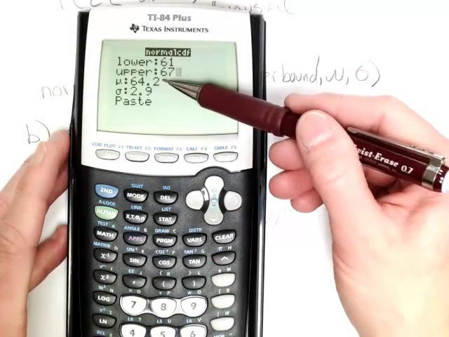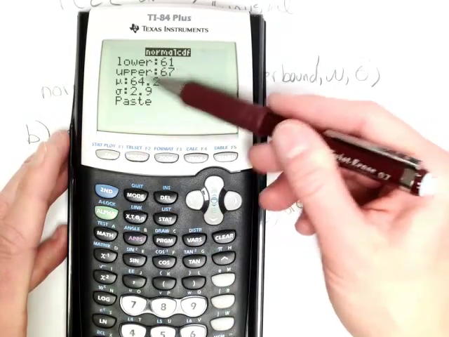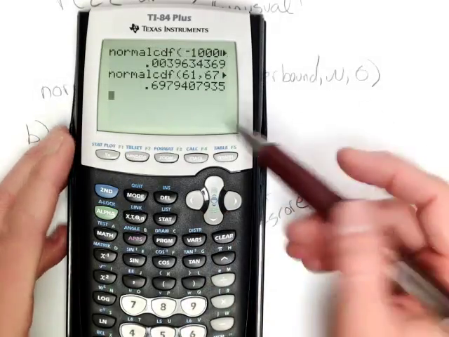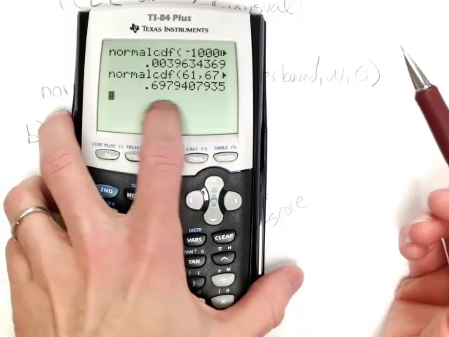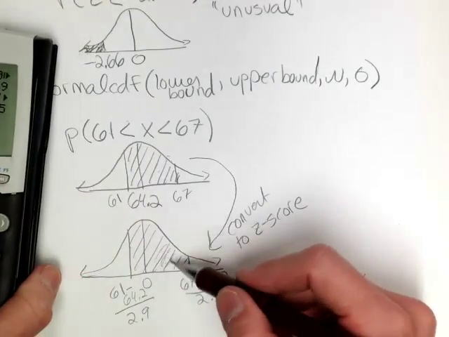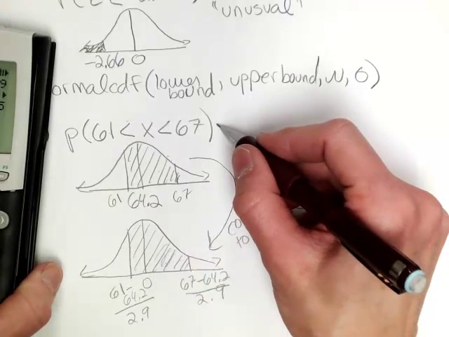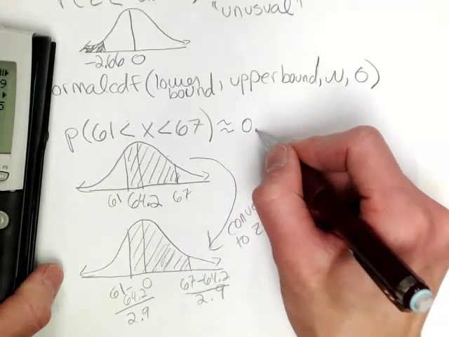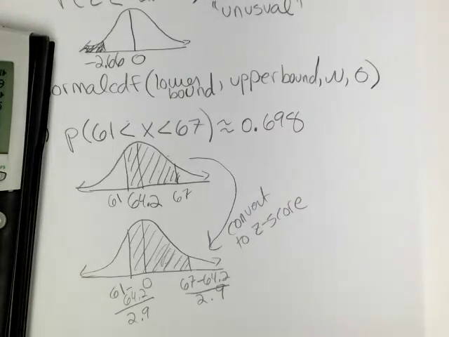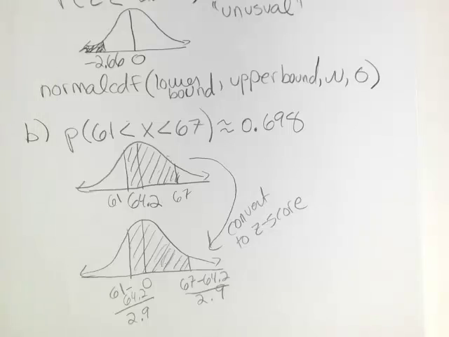And on this calculator, it's retained my mu and sigma. So almost 70% of the values fall between these two. This is about 0.698. And then you'd round however you needed to for MyStatLab.